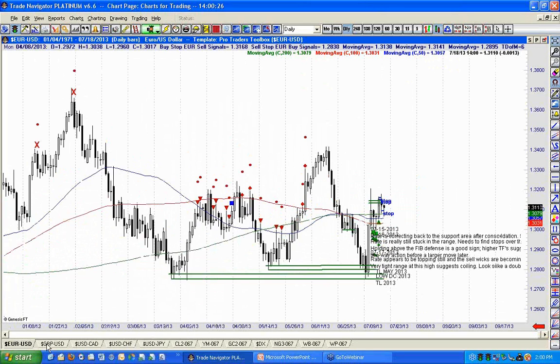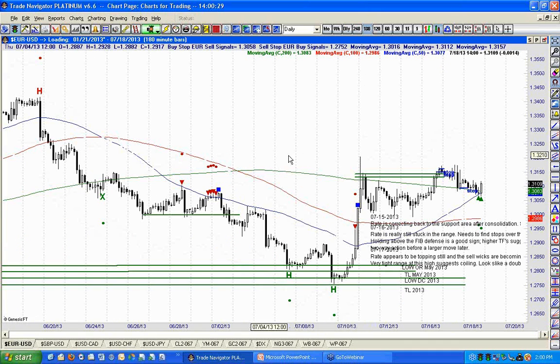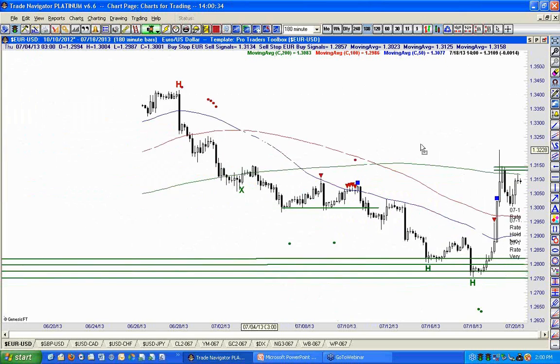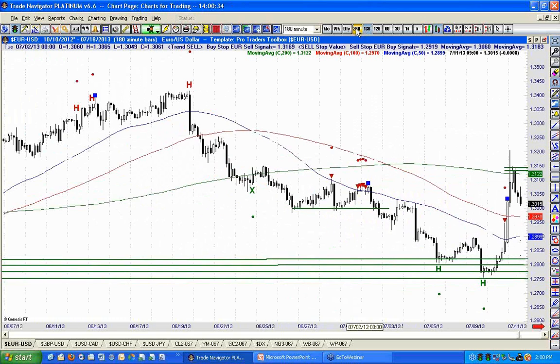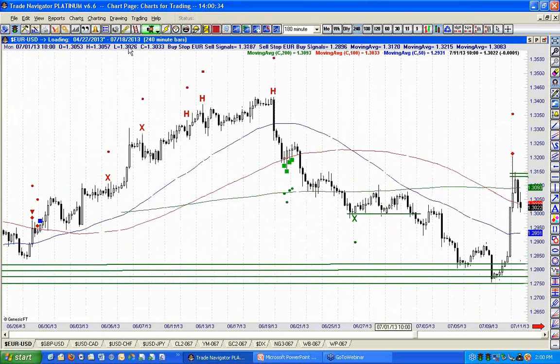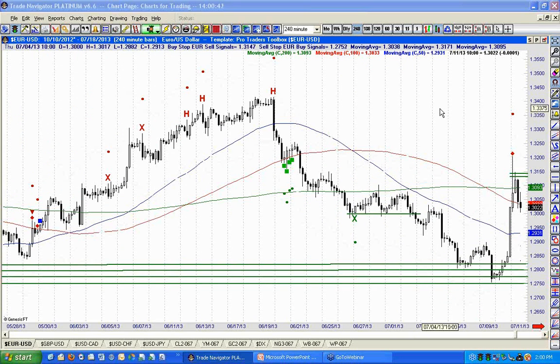I think we saw one of those on the yen or the euro 180, I think. No, maybe it was the 240. No, must have been another chart.